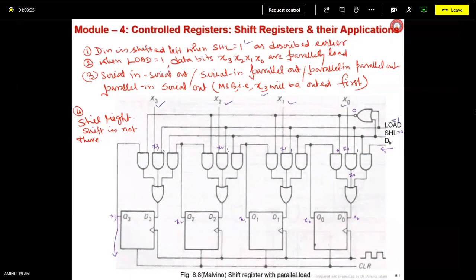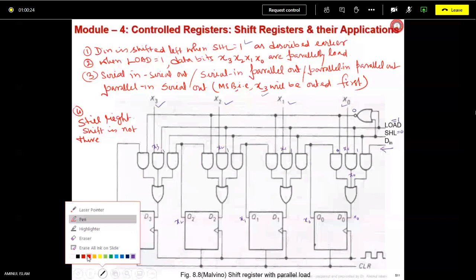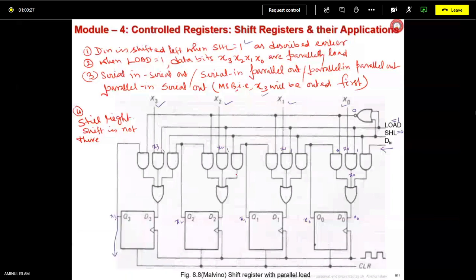If SHL equals 0, what we have seen in the last slides, what is done by this register? It retains. So is retaining happening or not? Let us discuss that. Okay, I'll take a new color. See, SHL equals 0.